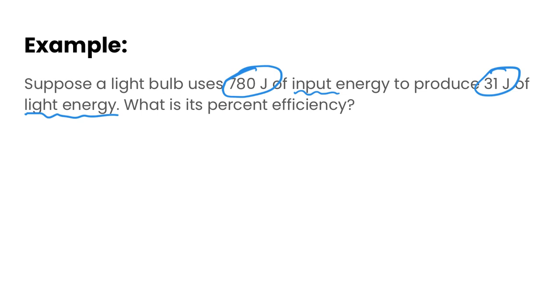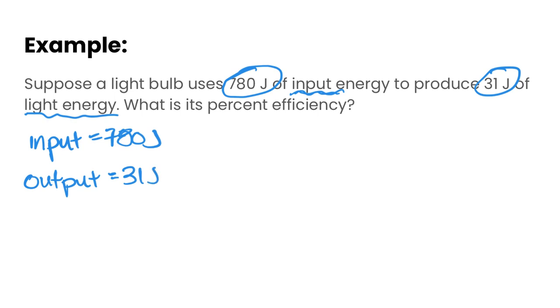The first thing we need to do is pull out the information we need. Because the 780 says input, our input energy is 780 joules. And then 31 joules of light energy means that that is our output energy. So that's 31 joules.